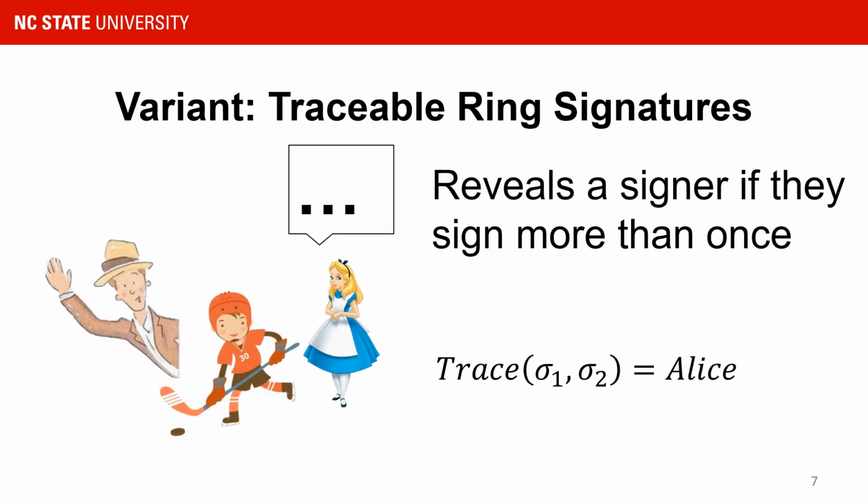Now, in some scenarios, the unconstrained anonymity that ring signatures give you is actually not suitable. So one variant of ring signatures is called traceable ring signatures, which reveals a signer if they sign more than once.